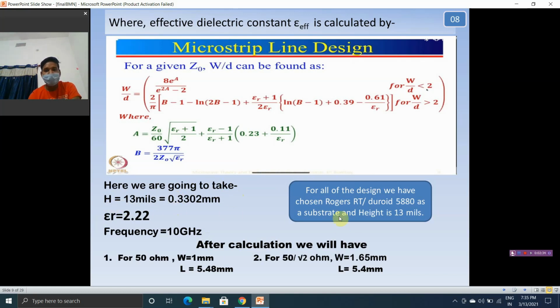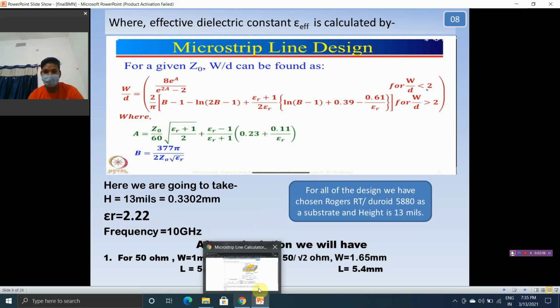I am choosing my substrate as RT Duroid 5880, whose relative permittivity is 2.22, and obviously we are focusing on a central frequency of 10 gigahertz. Let me show you that online calculator.